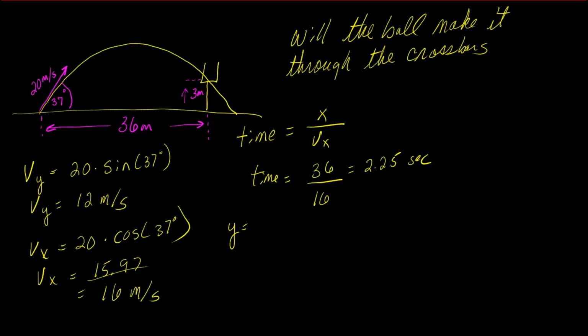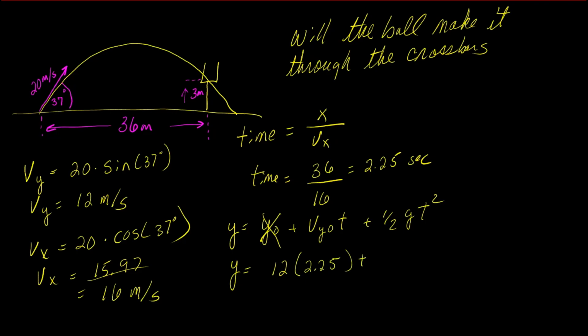So y is going to equal y sub o plus the velocity along the y initially times time plus 1/2 gt squared. So he kicked it from the ground, so we can ignore that y sub o. So we're going to solve for y. Y is equal to the initial velocity along the y, which is 12, times my time, which is 2.25 seconds, plus negative 4.9 t squared.